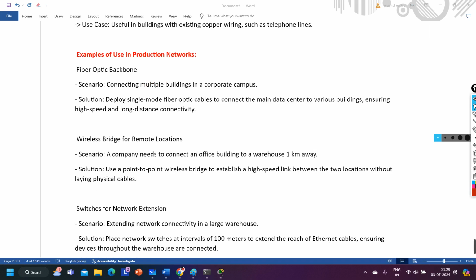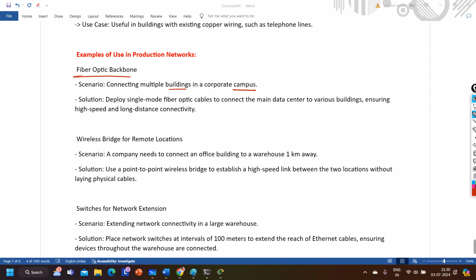Then examples of use. As I told you, in the optical fiber backbone scenario, connecting multiple buildings in a corporate campus, you deploy single mode fiber to connect the main data center to various buildings, ensuring high speed and long distance connectivity.